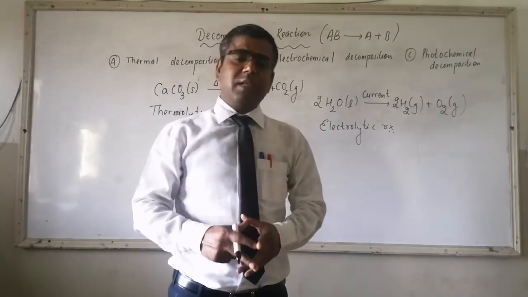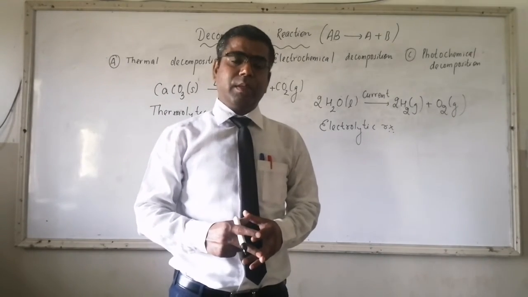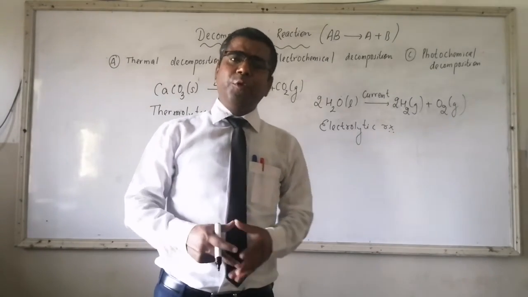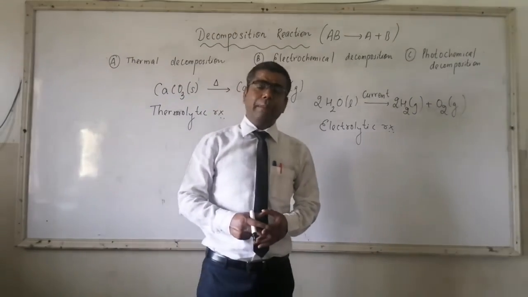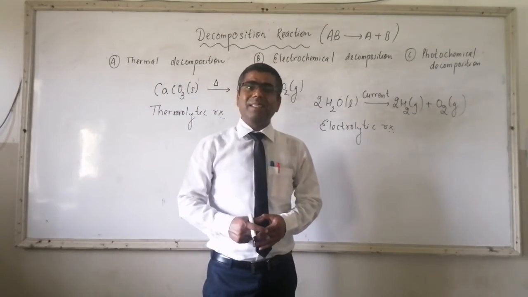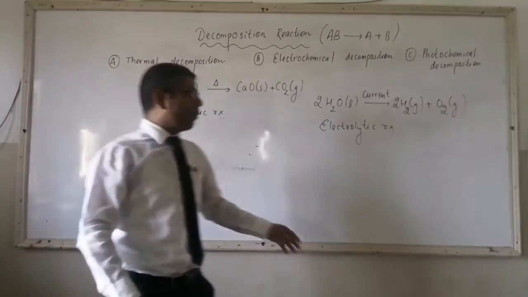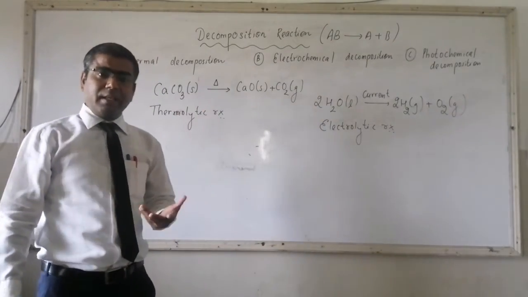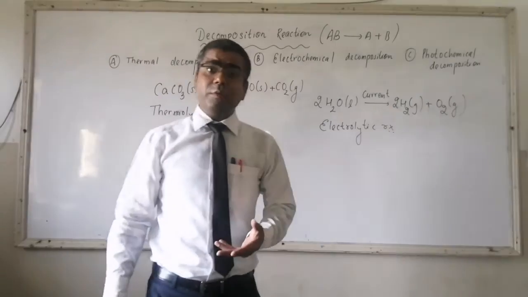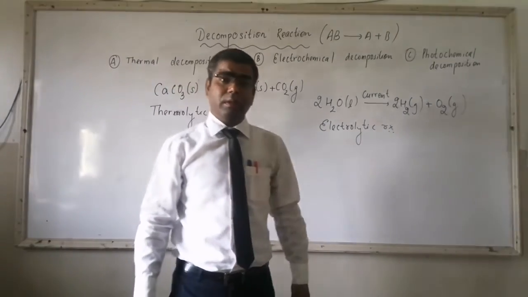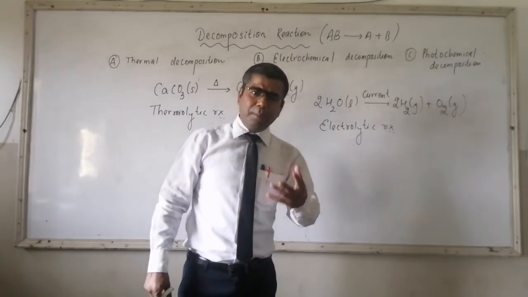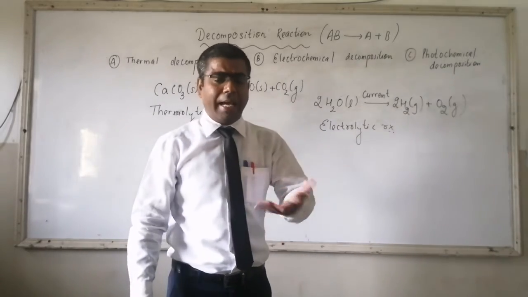Photo stands for sunlight. There are a few chemical compounds which are sensitive towards sunlight, like calcium carbonate is sensitive towards heat. In the same manner, there are a few compounds which are sensitive towards sunlight. What happens when these compounds are exposed to sunlight?